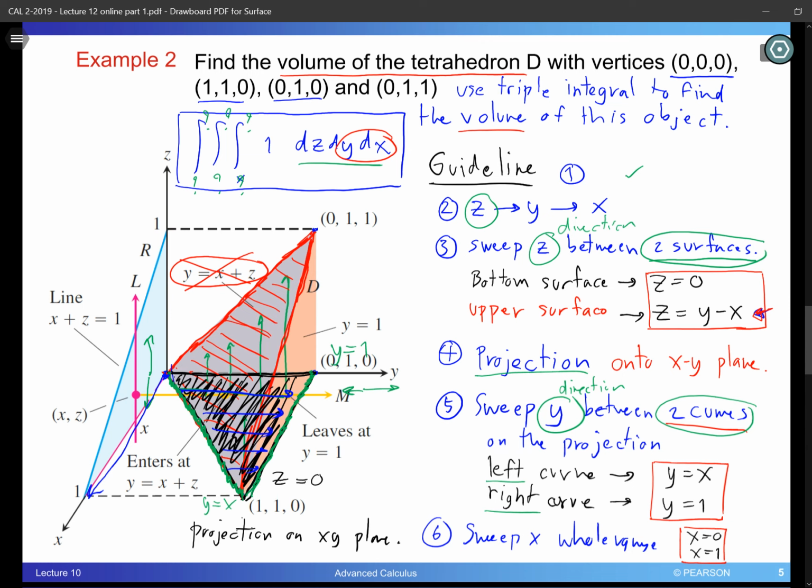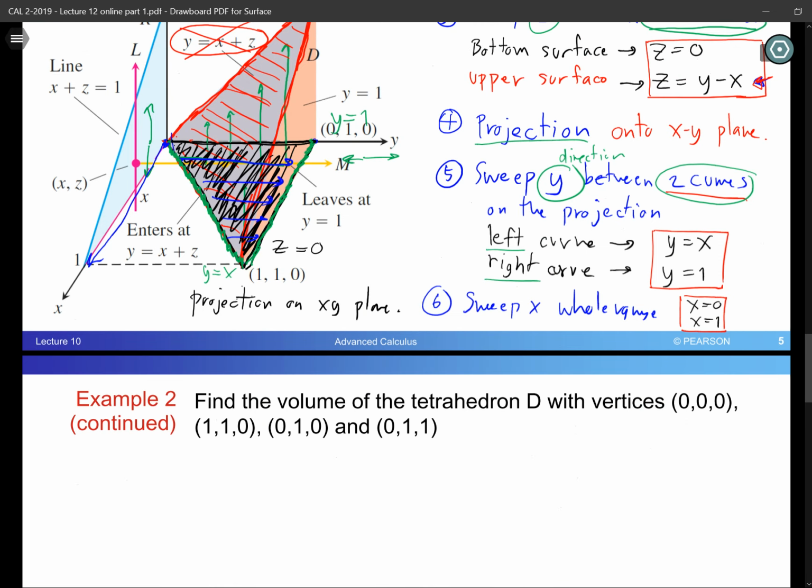Okay, now we found all these boundaries. Let's put everything in place. So, triple integral. The function here we are going to use is 1 because we are trying to find the volume. And the order is dz, dy, and dx.